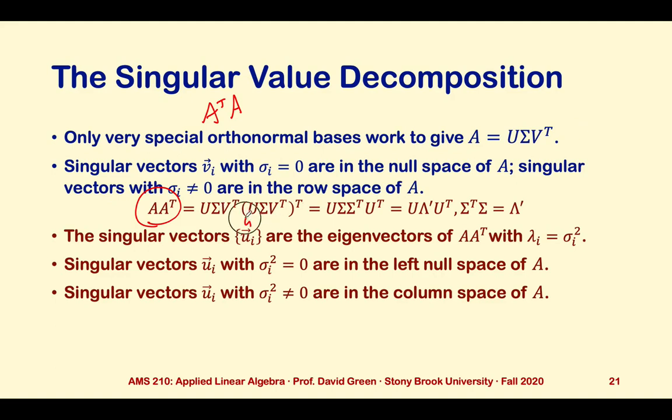This gives us V transpose transpose, sigma transpose, U transpose. V transpose transpose is V. V transpose times V is the identity matrix because V is orthonormal, so that piece cancels out. And what are we left with? We're left with U times sigma times sigma transpose times U transpose.